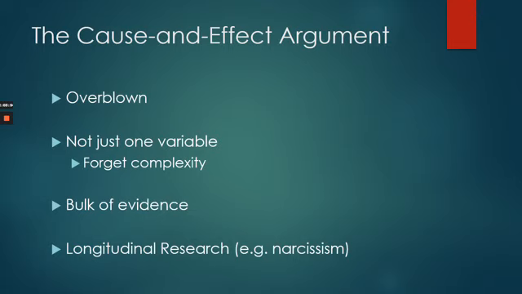Also, longitudinal research. A lot of longitudinal research is obviously non-experimental, because how can you do an experiment over 20 years? When you do longitudinal research, you're looking at the patterns of how somebody develops. For example, I published a study on narcissism, and I looked at these kids. This is the data I was talking about earlier.